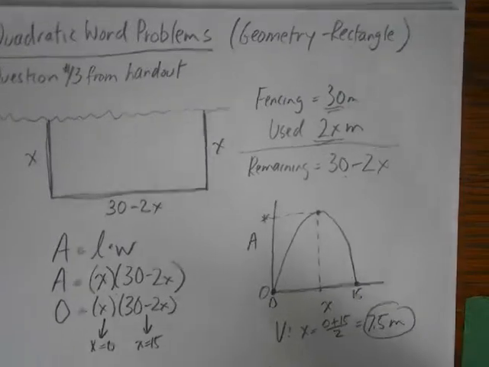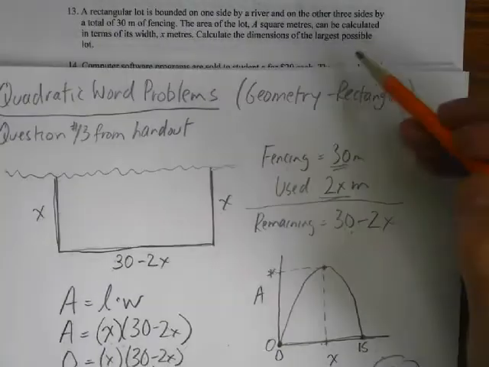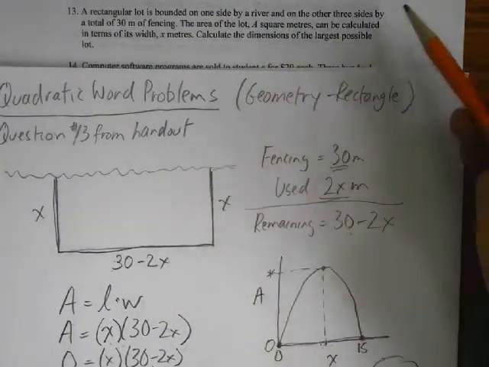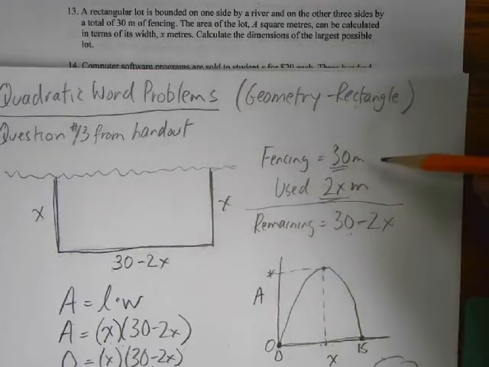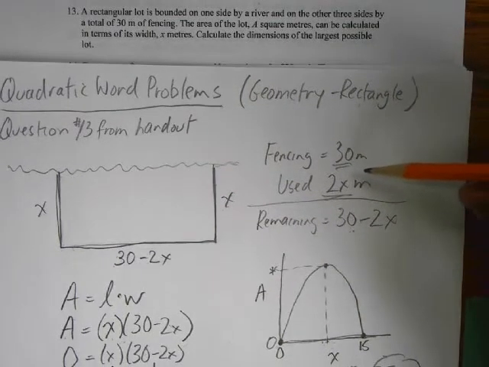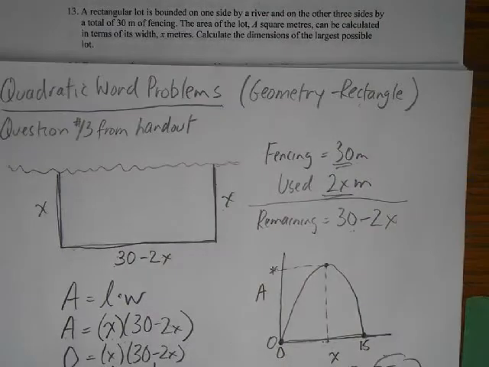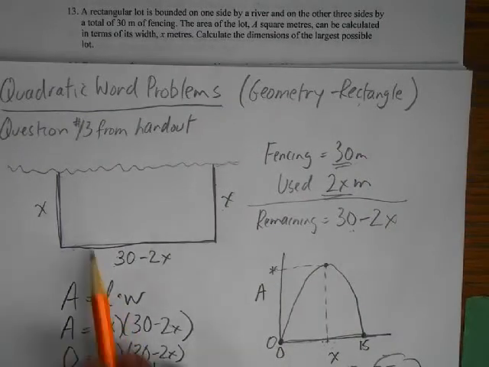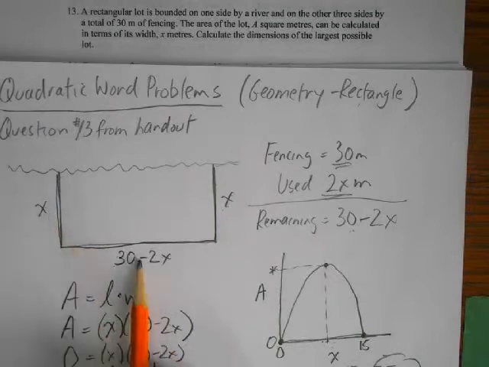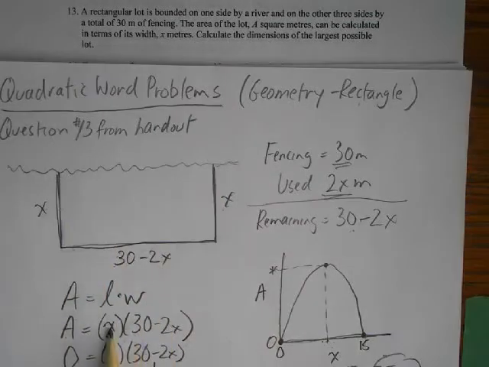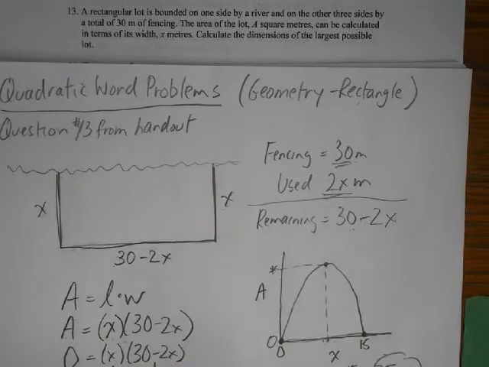Now it doesn't specifically ask in the question. It just says calculate the dimensions of the largest possible lot. A lot of questions will say what is the largest possible area of this lot. In this case they didn't, but it's super easy to calculate because that's a 7.5, that's a 15, so it's 7.5 times 15.